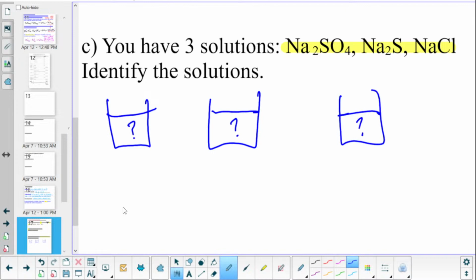So I'll just say what they're soluble and not soluble with, right? Yeah, so how would you test them, the process, in order to determine which one's which? These are the possibilities. So one of them is sodium sulfate. How will you figure out, if it does precipitate, how do you know it's not one of the other 2?